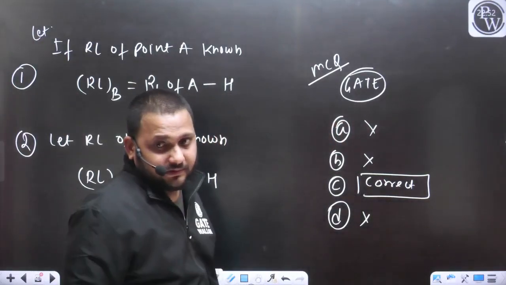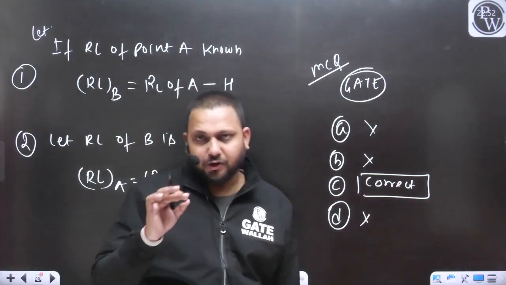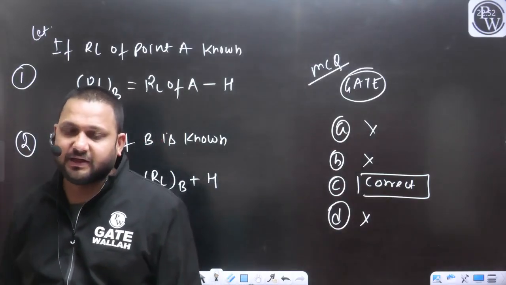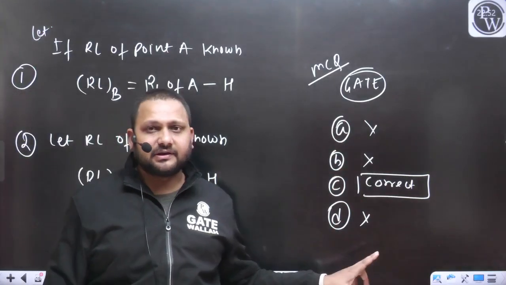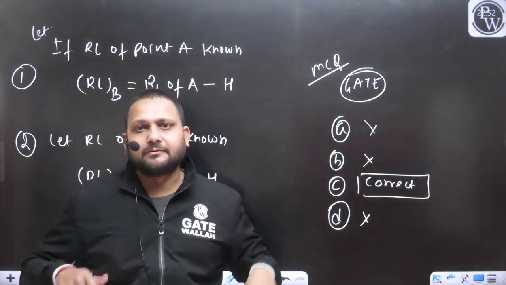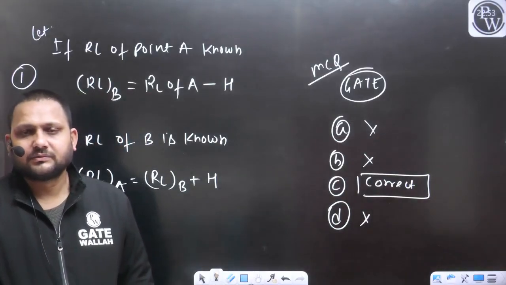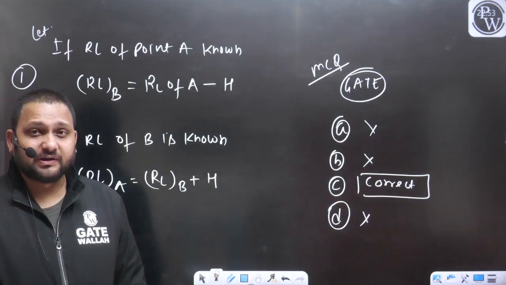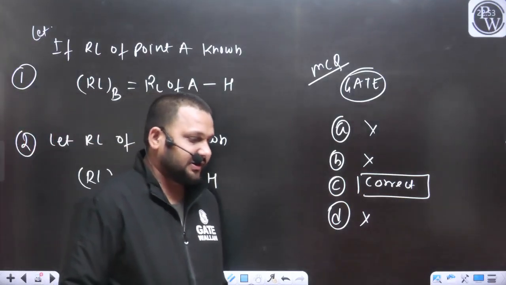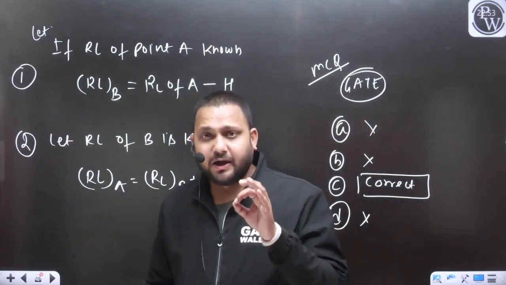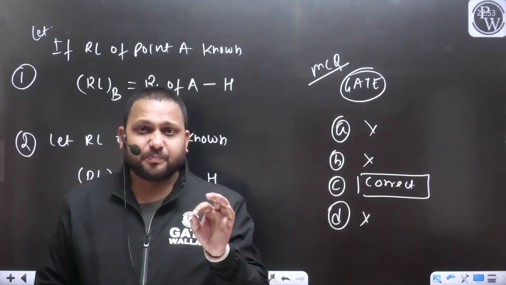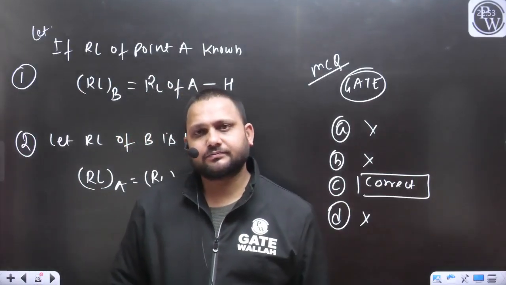But what you need to remember, what you need to understand in the case of the GATE exam, is that they will not provide these incorrect answer options randomly. Just try to understand, this is a very important point that you should know. In the GATE exam, they will provide you these options as per the mistakes that you can commit.